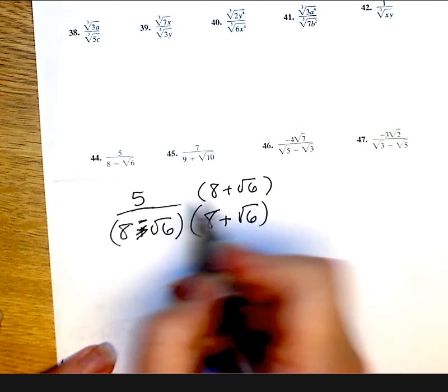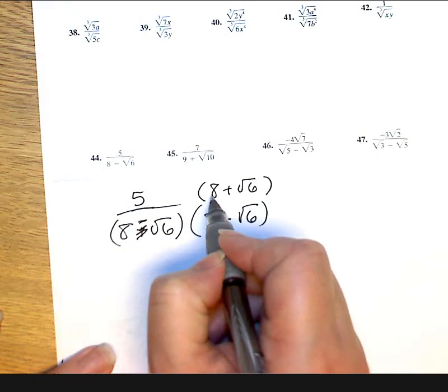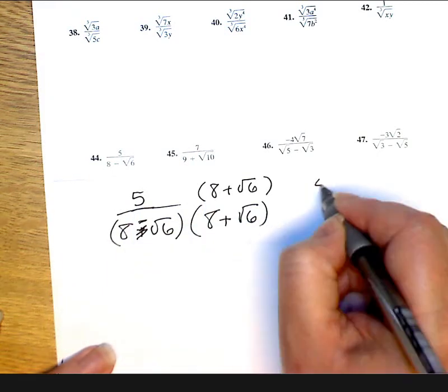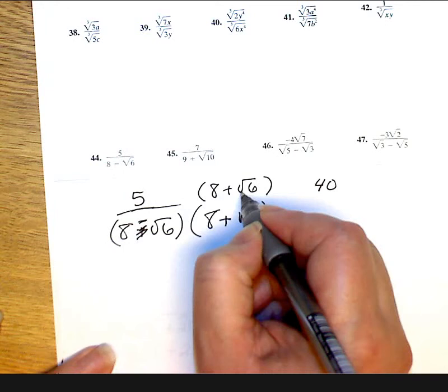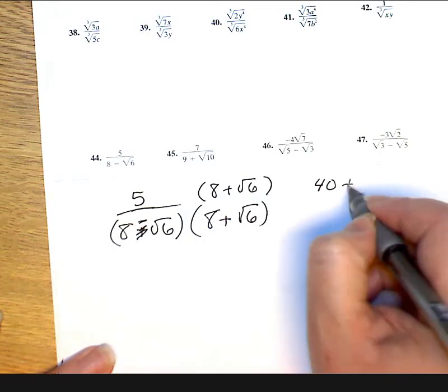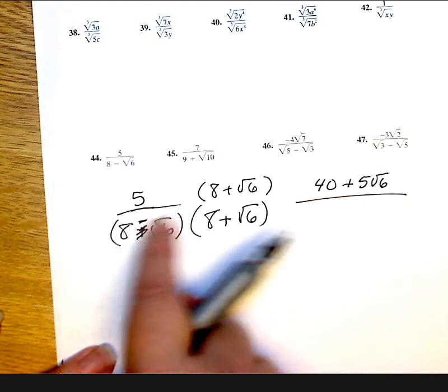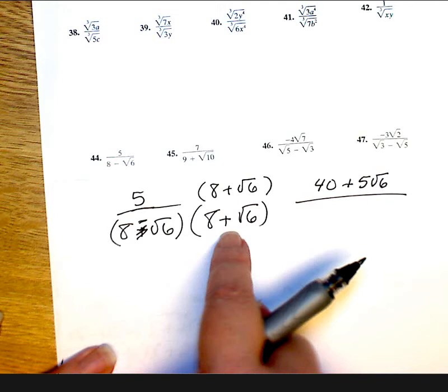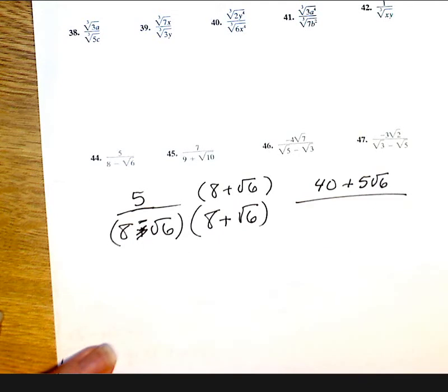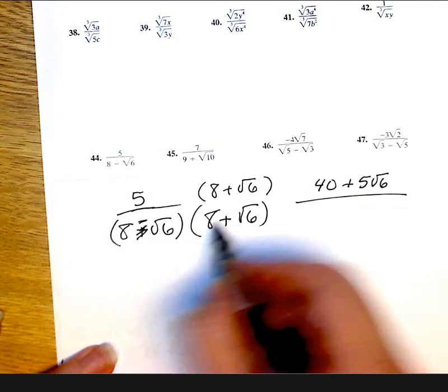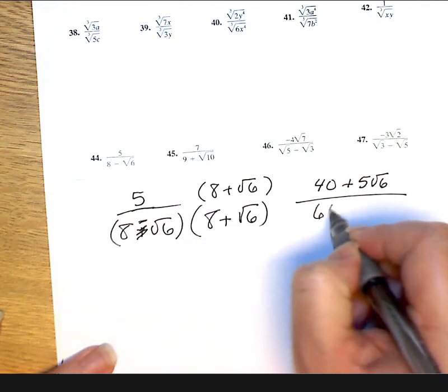On the top, you multiply the 5 times 8, which gives me my 40. Then 5 times the square root of 6 is 5 square roots of 6. On the bottom, because they are the same thing but opposite signs, you can do F and L. You only can do F and L when they're the opposite signs. So 8 times 8 is my 64.